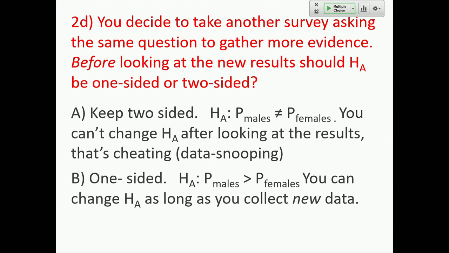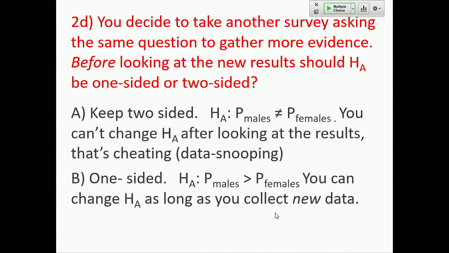You learned something after you collect the data. Now you see that men are more likely to say yes, and you believe it. So you can use that new information and test that new information. So you could go ahead and make a one-sided, as long as you collect new data.